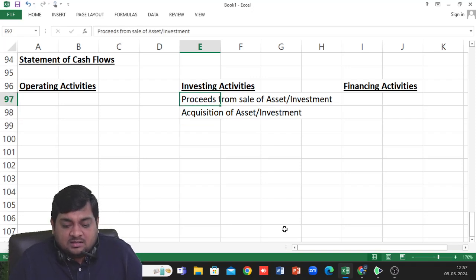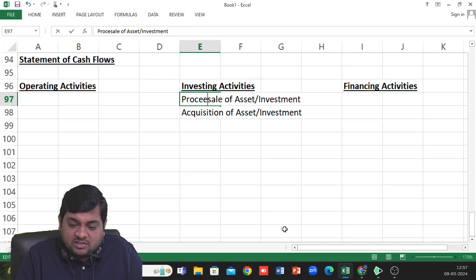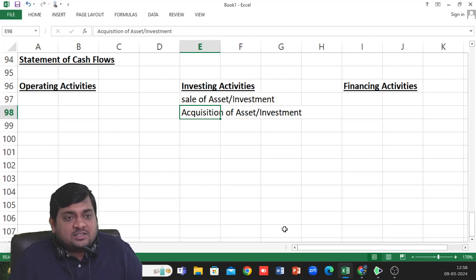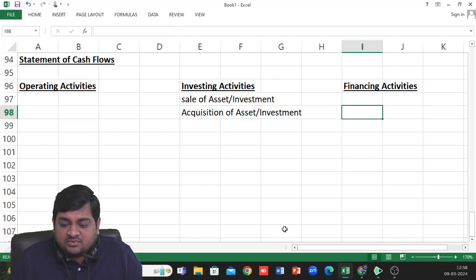Sir, this is quite simple. Sale of asset or investment and acquisition of asset or investment. In profit entities also it was investing activity. So there is no such difference in this.